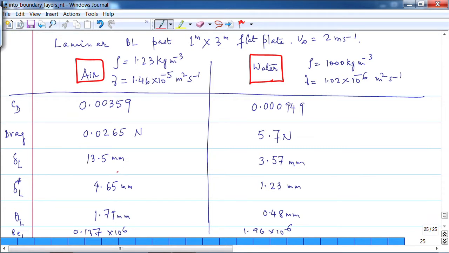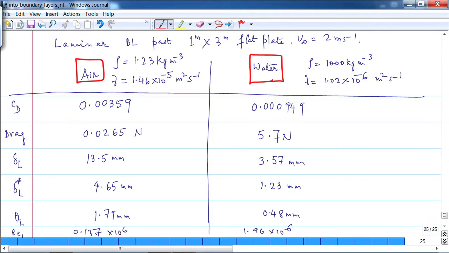It is 13.5, and this is about 4 millimeters. Or 3.8 millimeters. Sorry, 3.6 millimeters actually. The displacement is around 5 millimeters, and this is about just 1 millimeter.